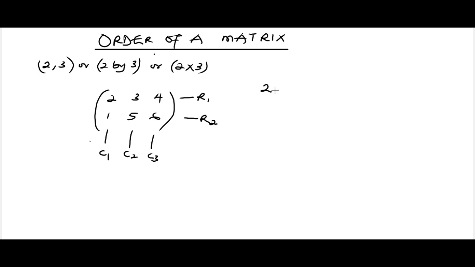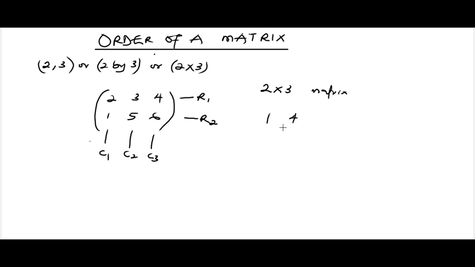So we call this 2 by 3 matrix. It is 2 by 3 because it has 2 rows and 3 columns. Don't forget, you always mention the row first. So you write it 2 by 3, or (2, 3), or 2 times 3, but it is read as 2 by 3 matrix.